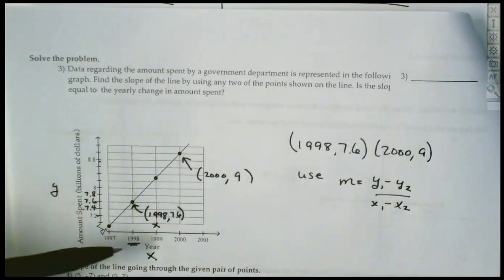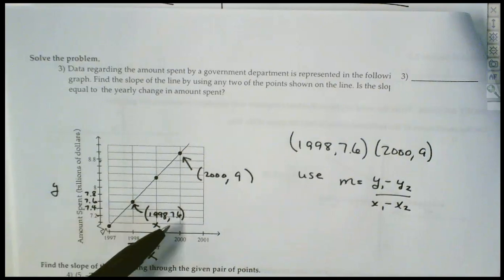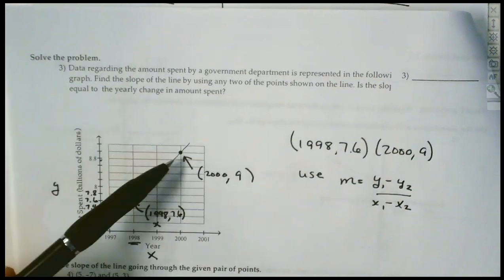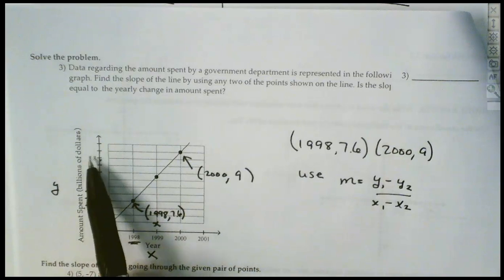So we went through and we found our ordered pairs. So we've got 1998, and then when we read it off the table, it looks like it's about 7.6. Then we've got the 2,000, because that one's kind of in between, so I wouldn't recommend picking this one. I would just pick this one up here at the year 2000. And if we read it, it looks like it's at about 9.